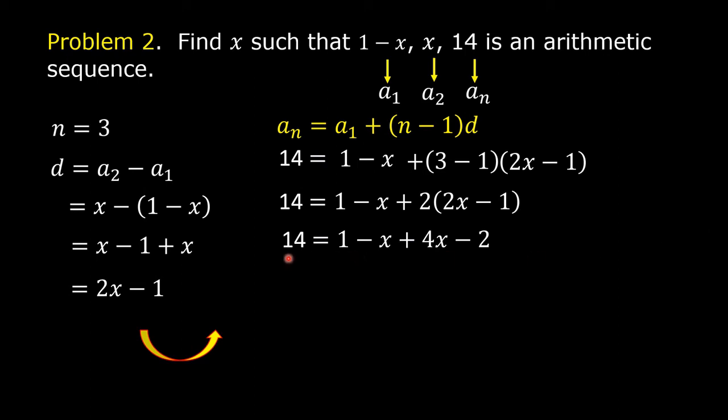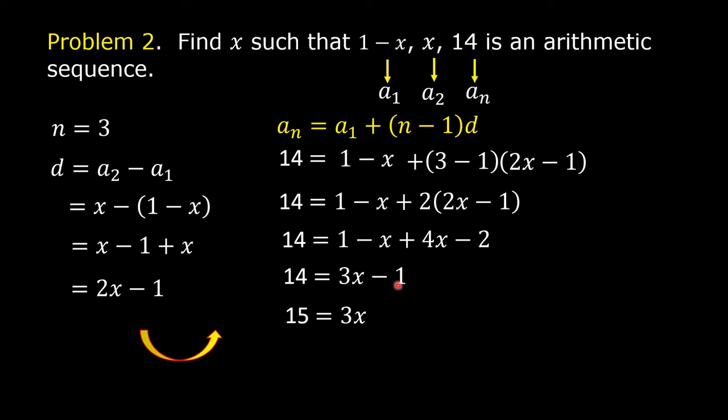So we have 14 is equal to 1 minus x, then 2 times 2x is 4x, 2 times negative 1 is negative 2. So we have now 14 is equal to 3x minus 1, because positive 4x, negative x is 3x, and positive 1, negative 2 is negative 1.